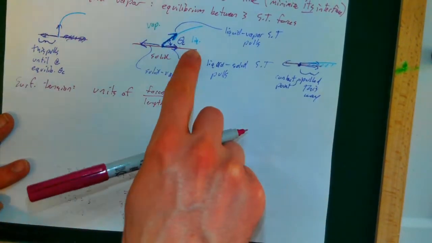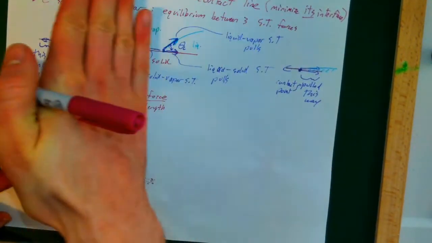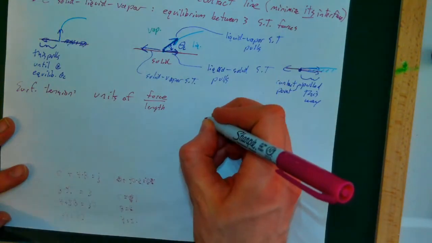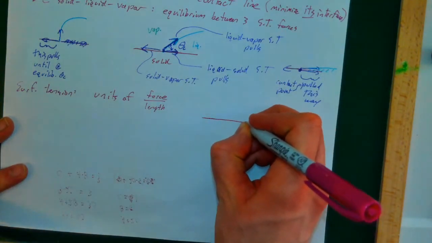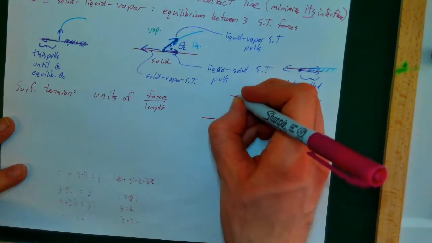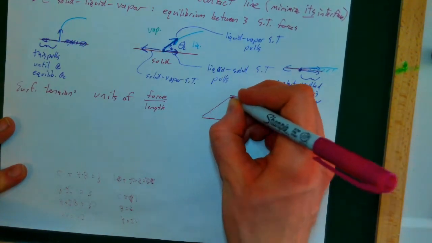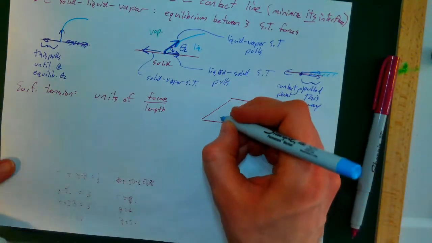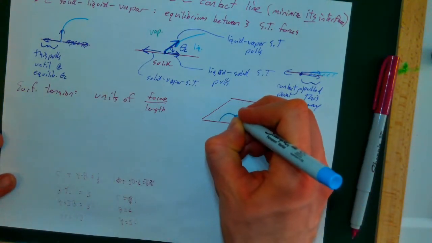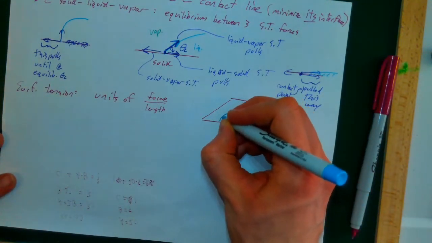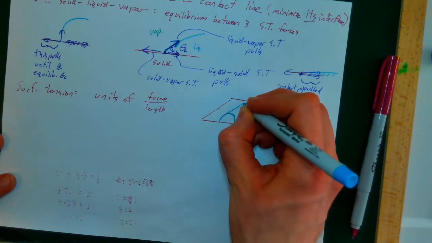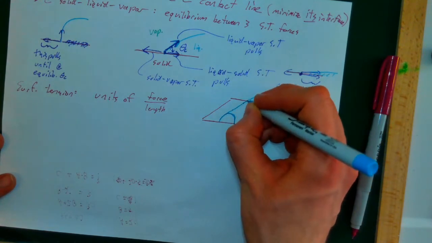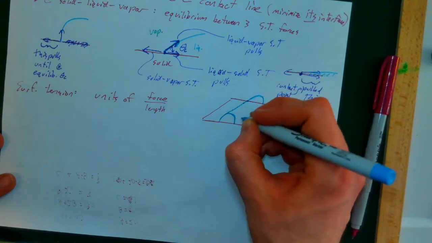One way is to imagine drawing cross sections of this interface here. So just imagine I had the weirdest droplet ever, where I had a solid surface that looked like this. I'm going to attempt to draw in 3D for a moment, and then imagine I had a droplet on that surface that looked like this.